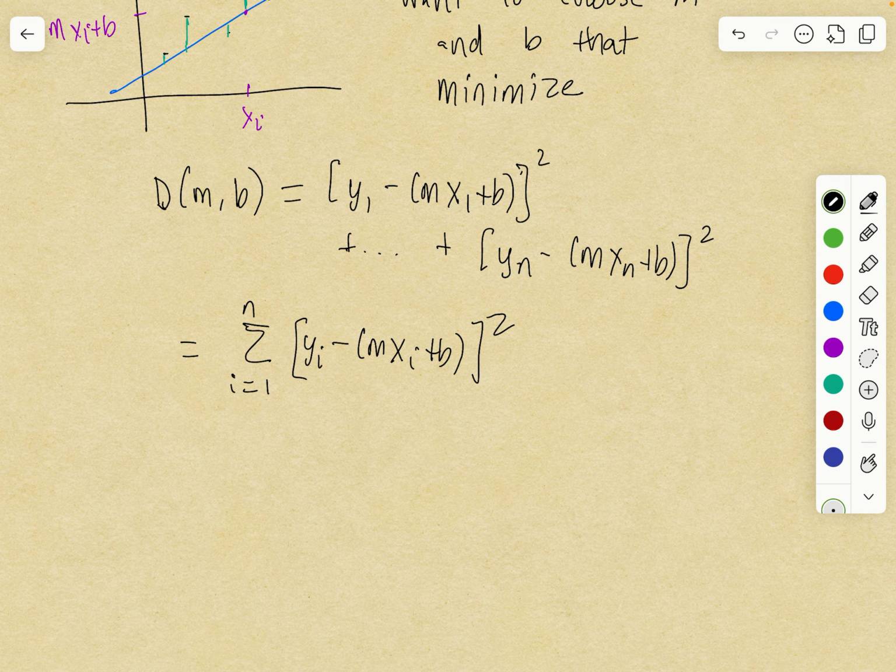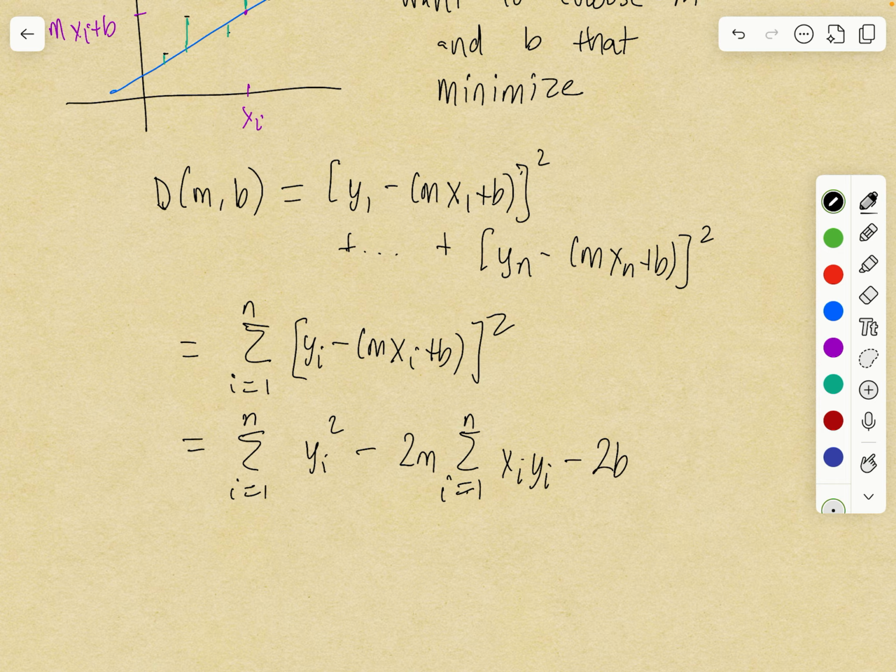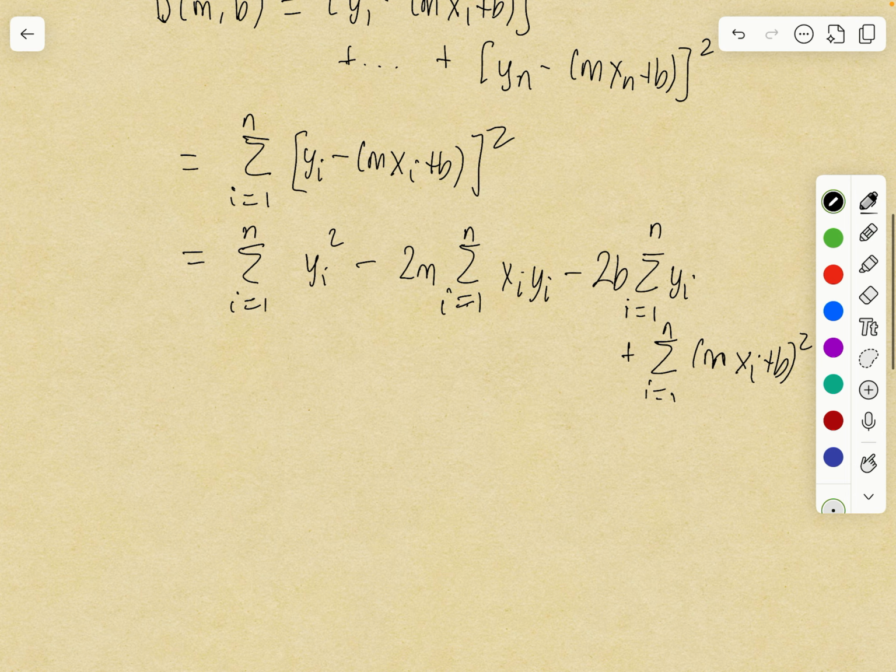If you distribute it all out, you will get the sum of the yi squared minus 2m times the sum from i equals 1 to n of xiyi minus 2b times the sum of the yi from i equals 1 to n plus the sum from i equals 1 to n of (mxi plus b) squared.